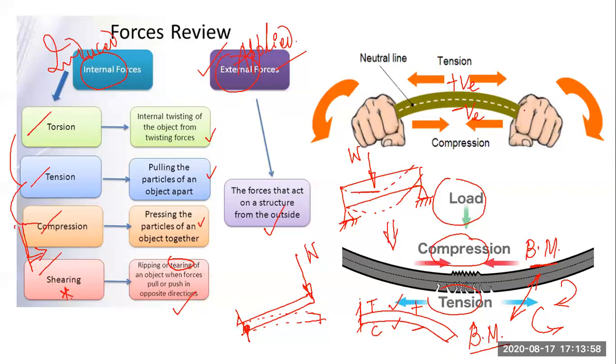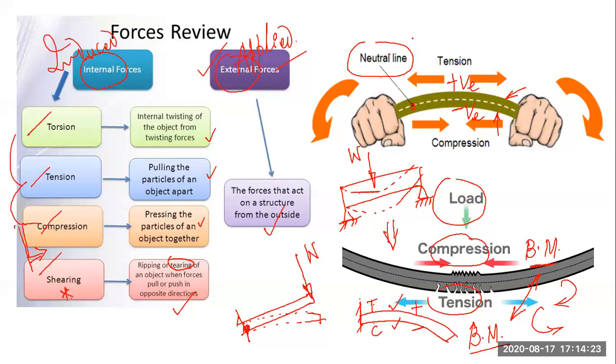So in between the extreme upper layer and the extreme lower layer, there should be a layer inside the body where there is no positive or no negative force. That means there is no tension, no compression. This line is called the neutral line.